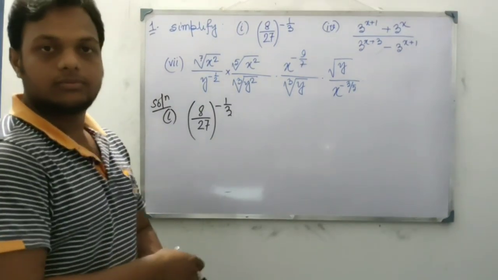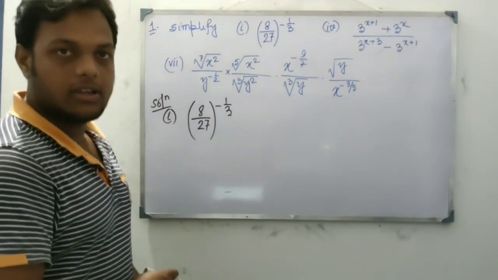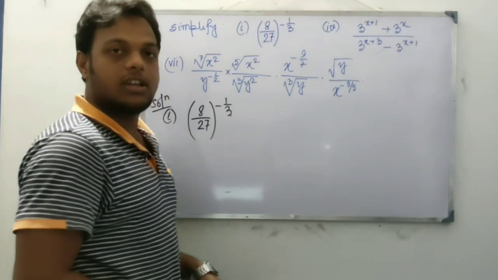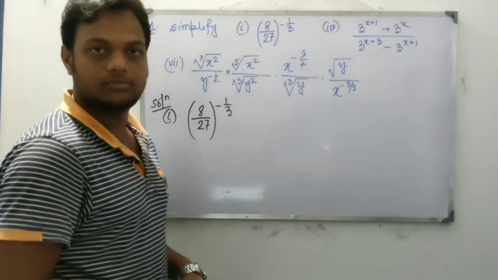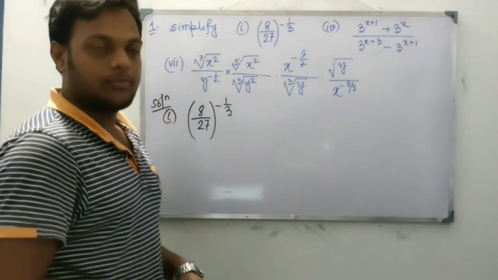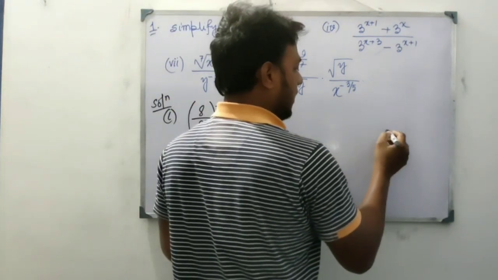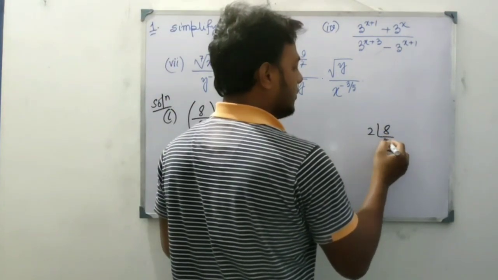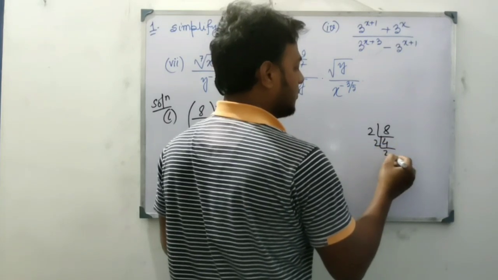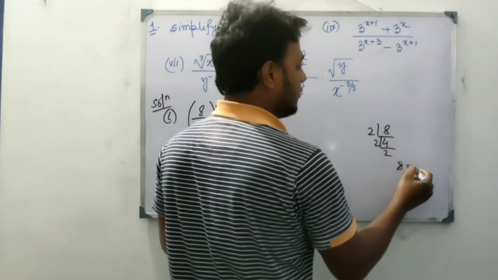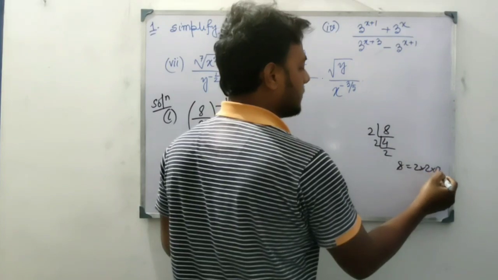So first you have to try to express the number 8 in exponent form. Okay, so 8 can be written as 2 into 2 into 2, so 2 cube. 8 equals 2 into 2 into 2.